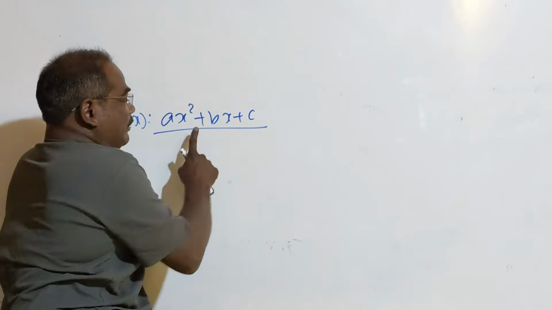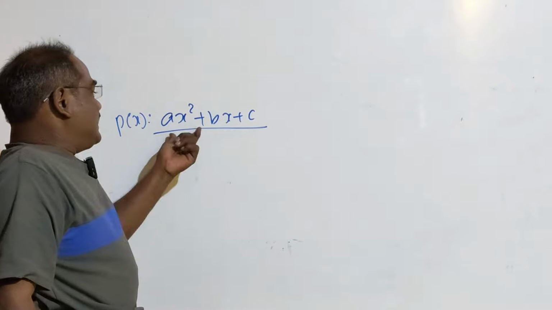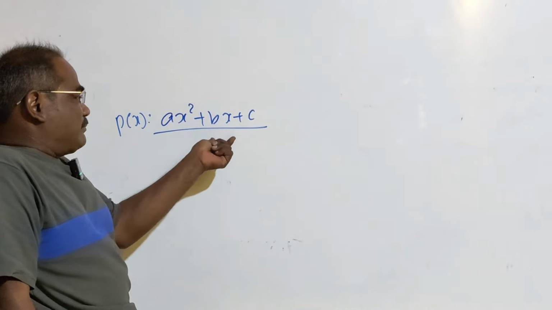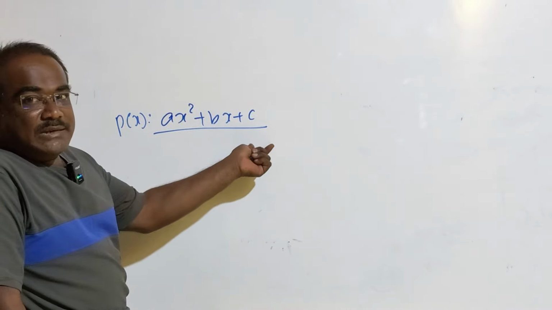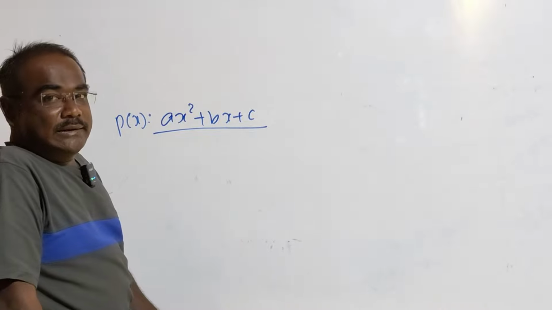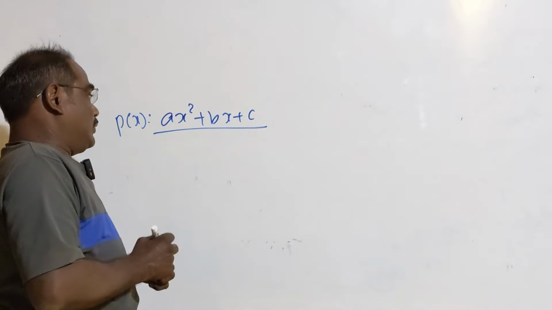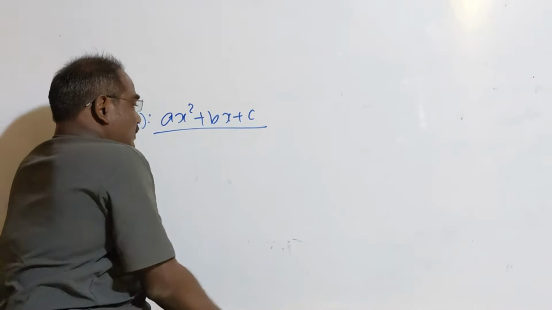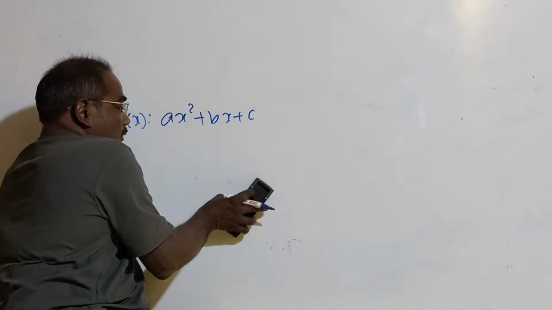Here plus is an operator. These are terms: ax square, bx and c.